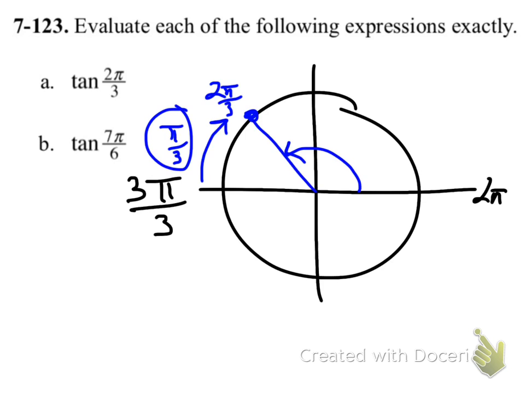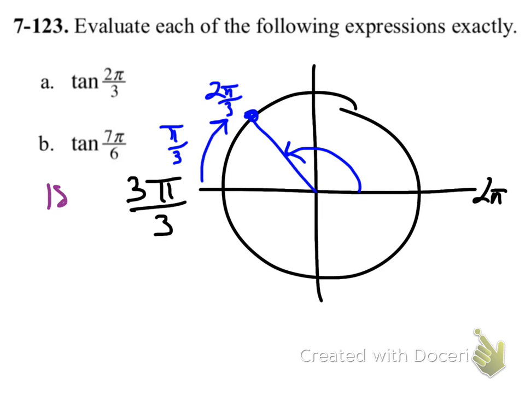Pi over 3 now is my reference angle. So pi over 3 being my reference angle means that is a 60-degree angle. And the reason why it's a 60-degree angle is because 3 goes into 180 3 times. So if 1 pi, right here, this is 1 pi.